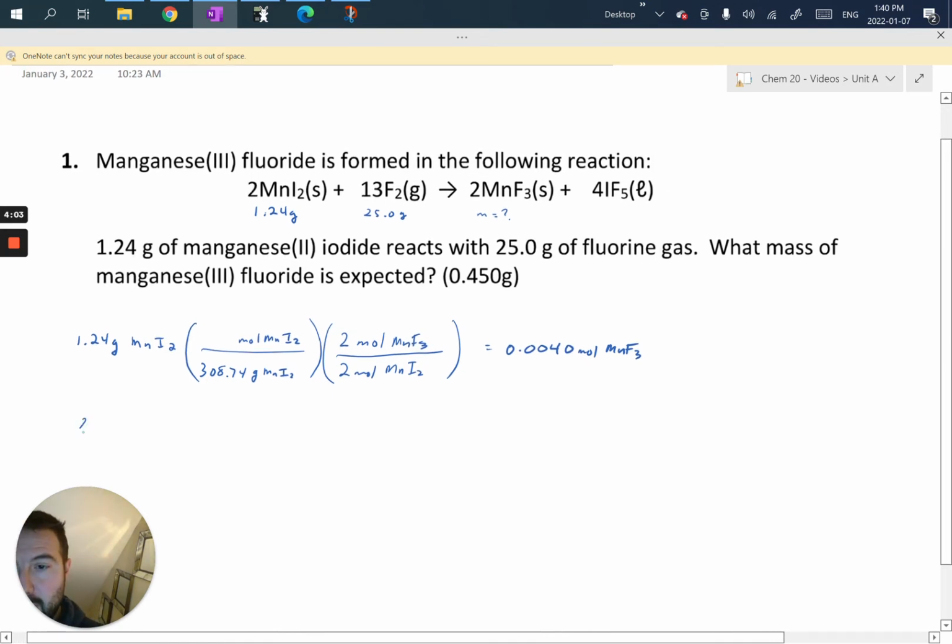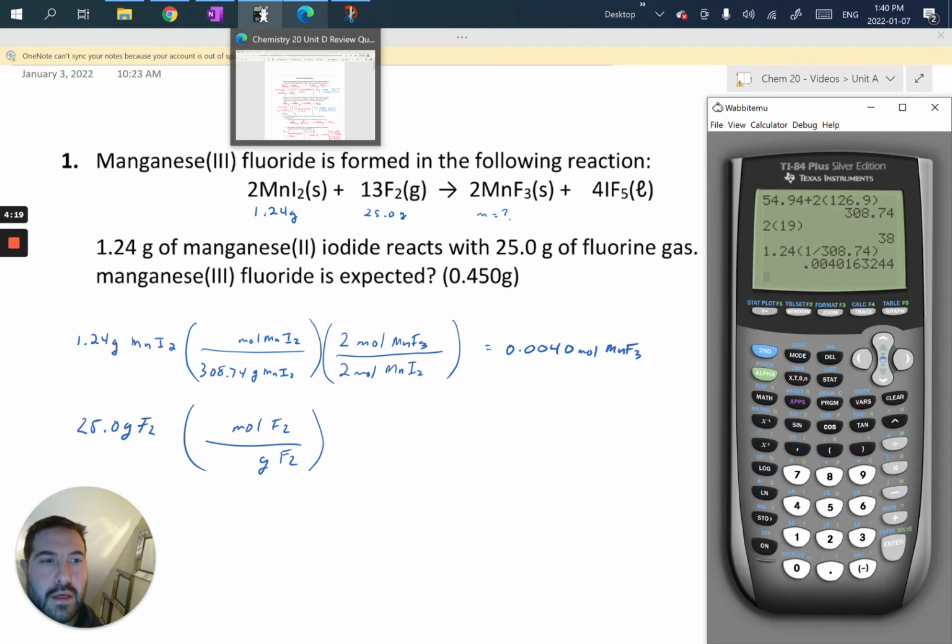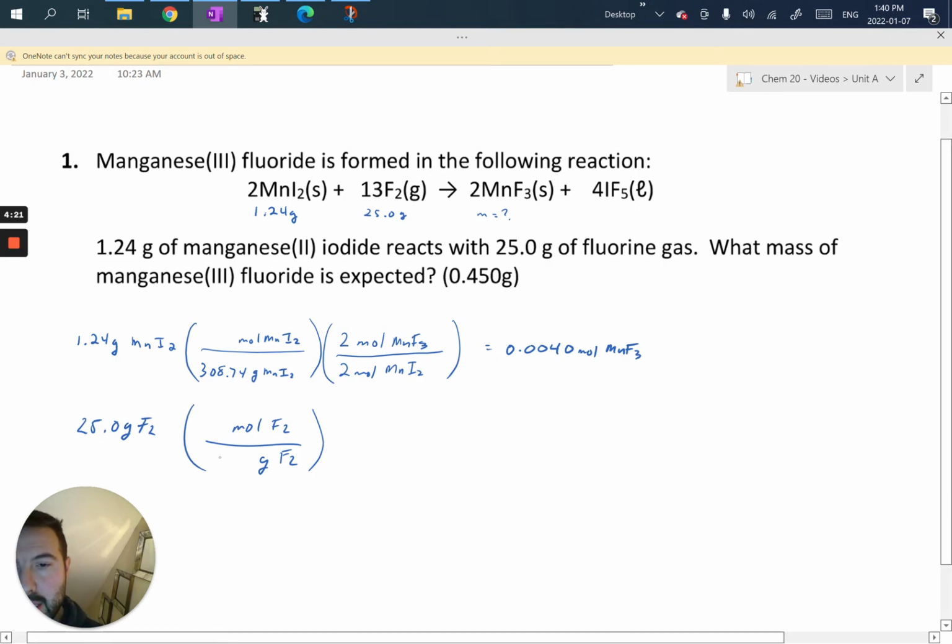Now let's see how much I could produce using my other reactant, my fluorine gas. I have 25.0 grams of fluorine gas. I want to change that into moles, so I need a molar mass here. My molar mass is 38 grams per mole. This time I have a little bit of a different ratio. For every 2 moles of MnF3, I'm going to need 3 moles of F2.